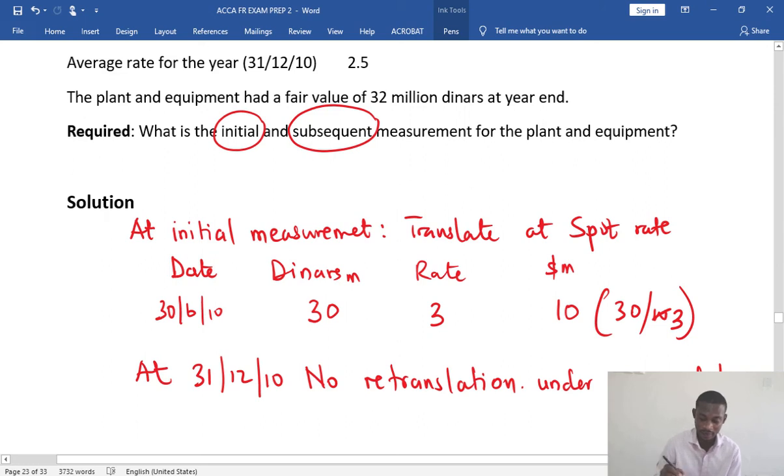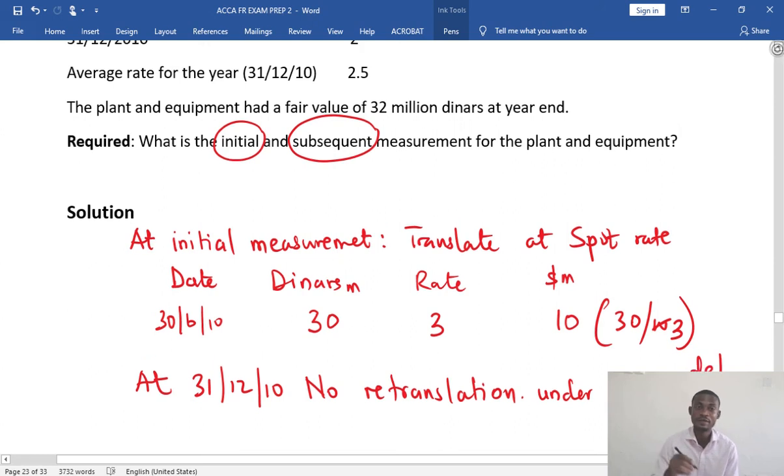Now, however, if the entity were to be using the revaluation method, let's see how this will be.